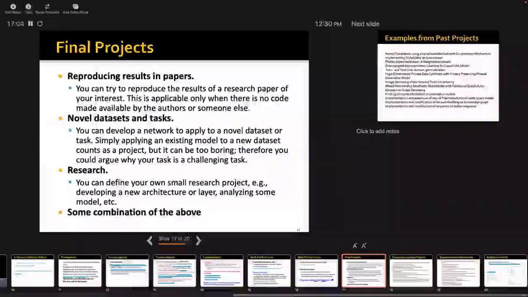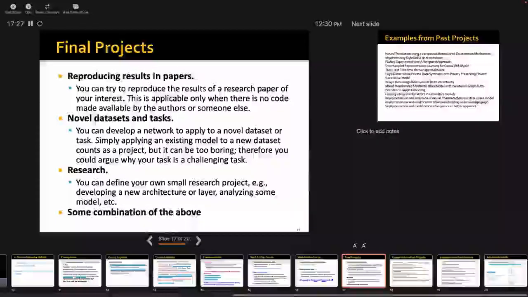The second will be applying an existing model to a novel data set or task. For example, you develop a network and apply it to a novel data set or task. This network is already proposed, but it hasn't been applied to some specific applications or tasks.